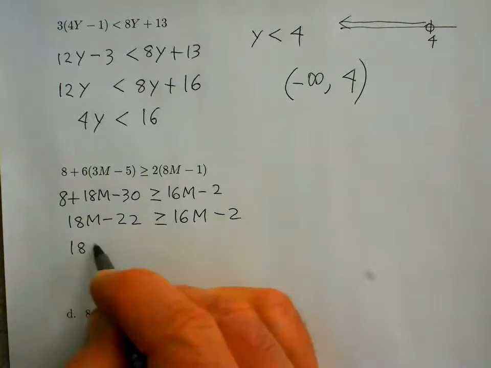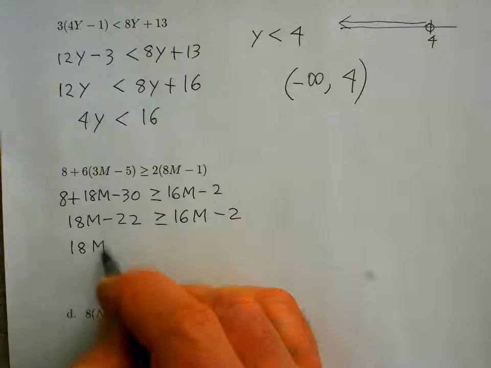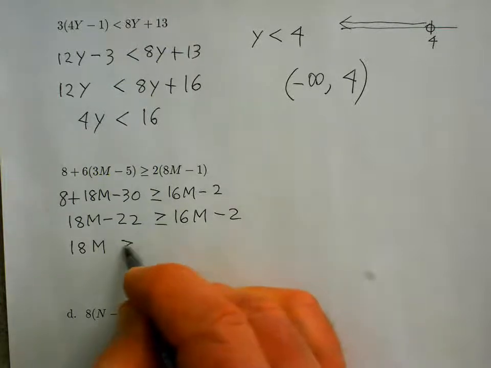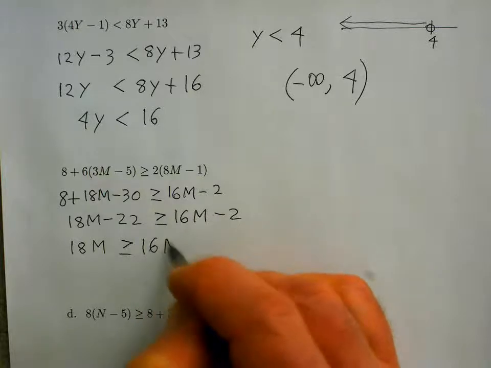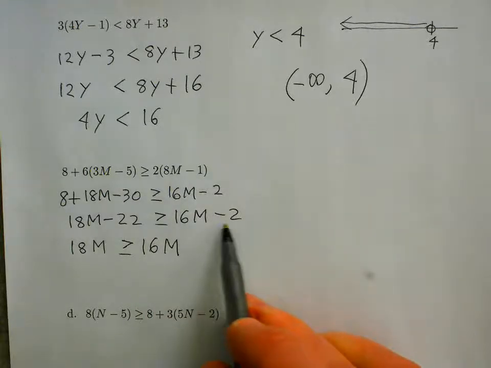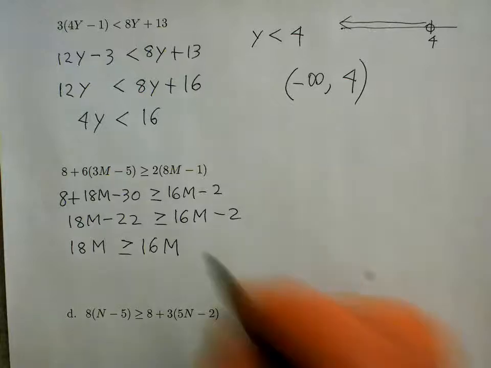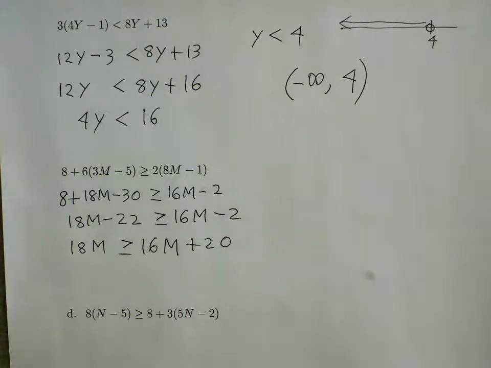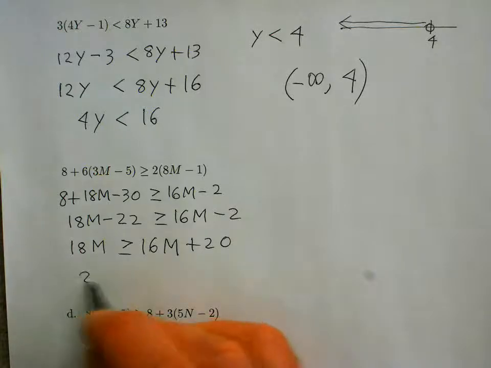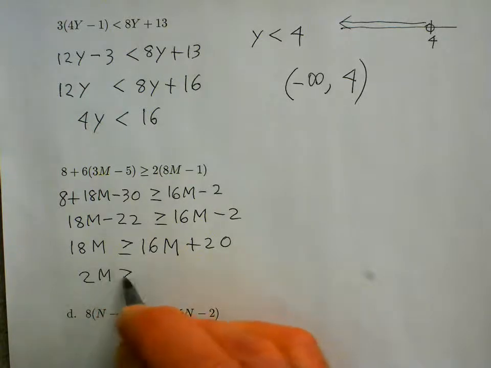So when I add 22 to both sides, I'll get 18m is greater than or equal to 16m, and then minus 2 plus 22 is plus 20. Then subtract 16m from both sides. 18m minus 16m is 2m, so I get 2m is greater than or equal to 20.